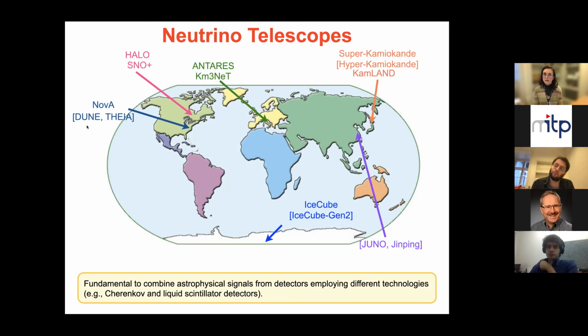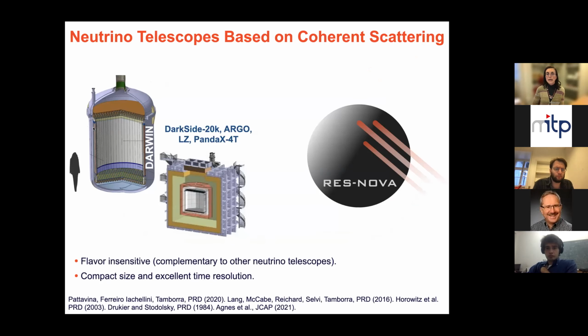So it becomes interesting to be able to discern the different flavors independently. In addition to dedicated neutrino telescopes, we can also use direct detection dark matter experiments to do neutrino astrophysics.